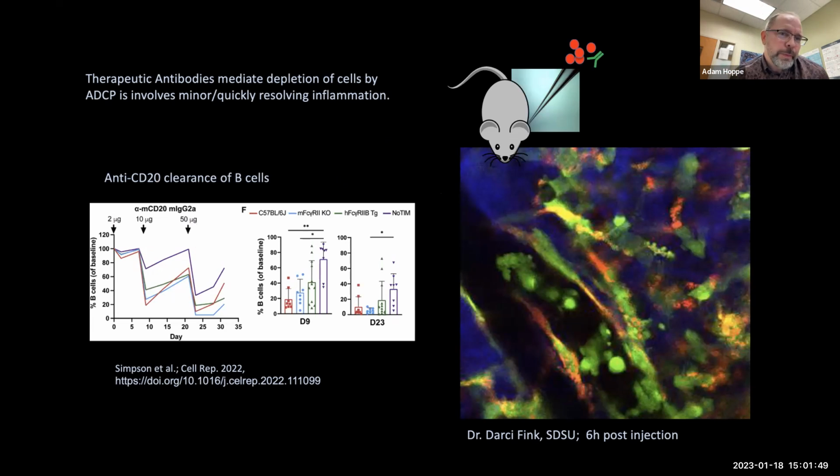So we know from that space that highly effective antibodies like anti-CD20 antibodies can drive the clearance of B cells, B cell lymphomas, aberrant B cells, similarly with T cells and other lymphocytes, and that this is a highly effective process, and it's immunologically quite calm.